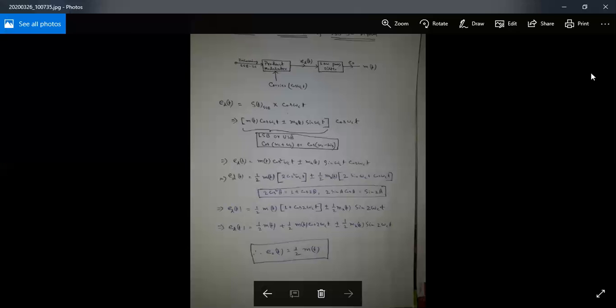By applying 2 cos square theta, we can get 1 plus cos 2 theta, and by applying 2 sin theta cos theta, we can get sin 2 theta.